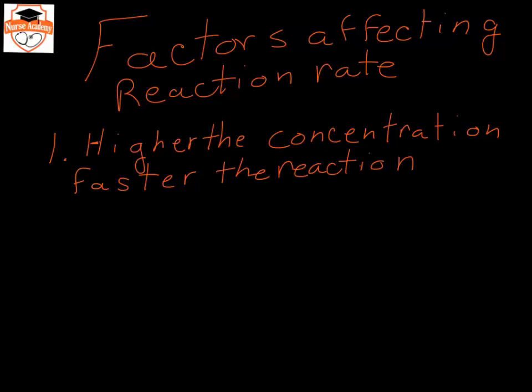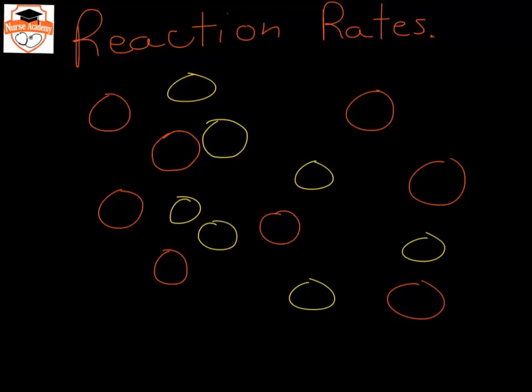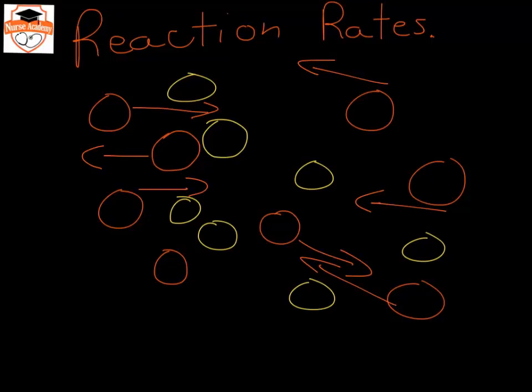So the higher the temperature, the faster these particles are moving as they are zooming back and forth to hit each other. And of course, the faster that they're going, the farther the distance that they travel, and the more likely that they are to run into each other.